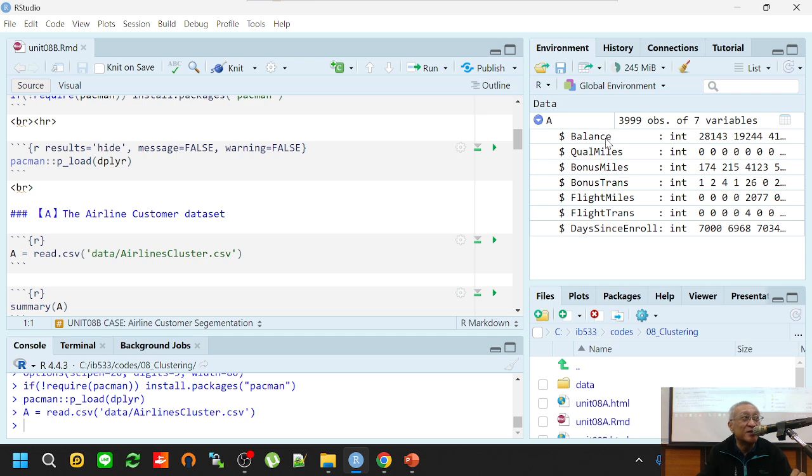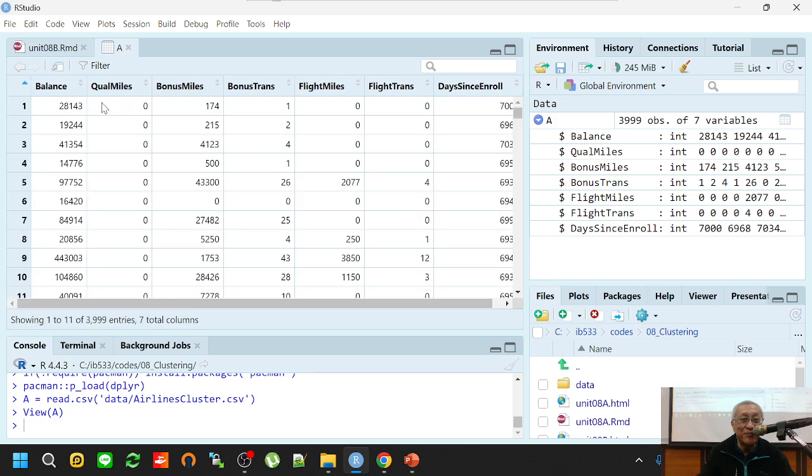The balance is the mileage you accumulate. The reason they call it balance is that if you are a frequent flyer, you will sometimes use your points to upgrade, or rent a car, or take a gift, something like that. So this is the balance of the first customer, second customer, and so on.